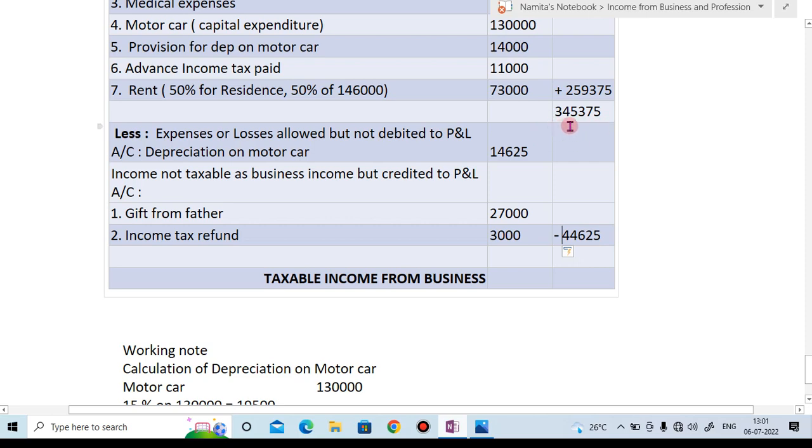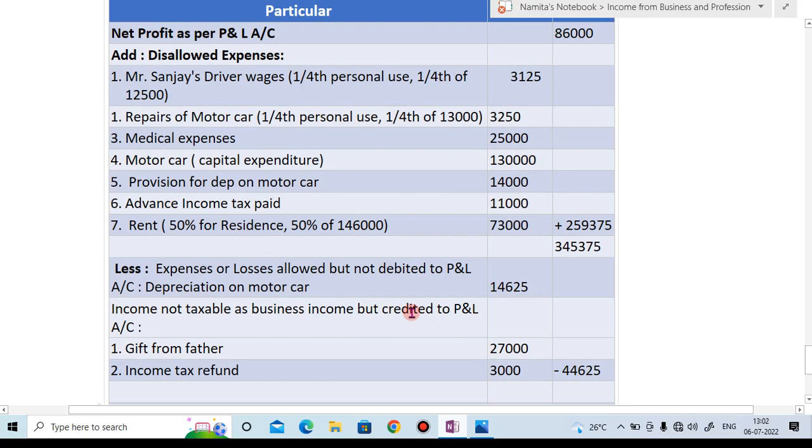So 3,45,375 minus 44,625. Remaining amount is 3,00,750. So 3,00,750 is our taxable income from business. Okay, I hope you have understood this example.